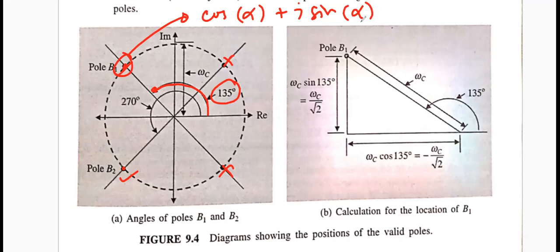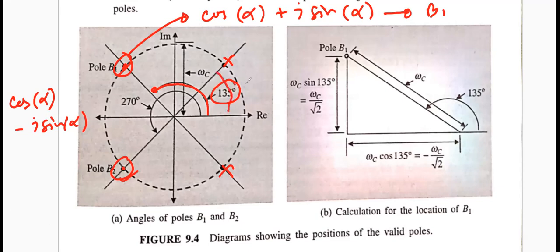I have made one mistake in the previous section. Okay, so just let me clear it out. So this is for this B1. This belongs to B1, and for the B2, it would be cos alpha minus j sine alpha. This minus doesn't mean the not valid pole. Okay, so I'm sorry for that, because whether a pole is valid or not valid depends on this angle alpha.